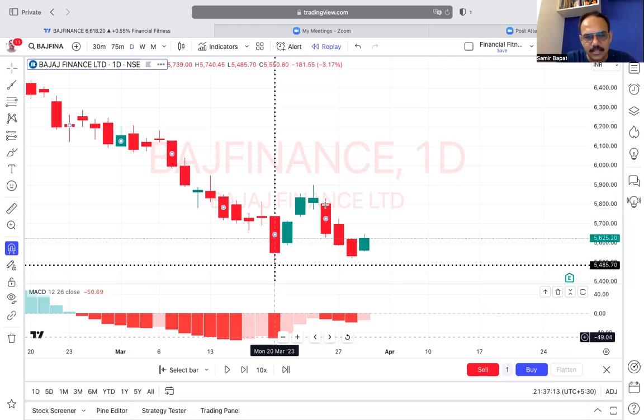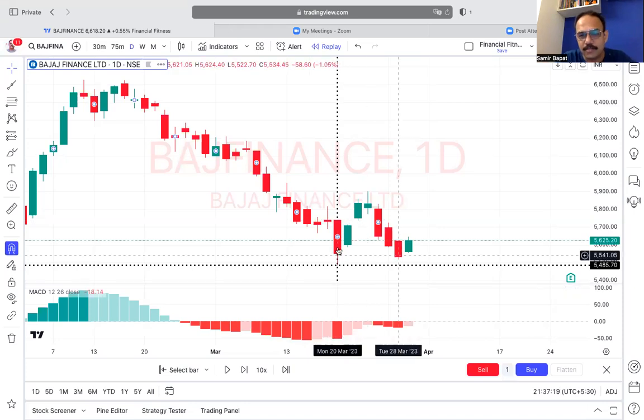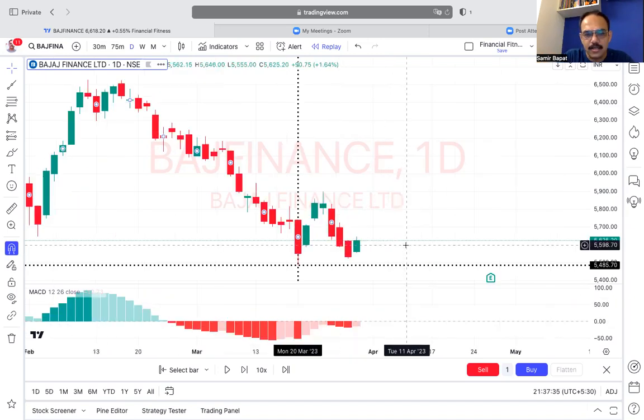We can see this histogram is coming till here. What we have to observe is, again, the price came down here. The price went up secondly and dropped down almost to the same level. But the histogram, this bar, did not come down to this level.